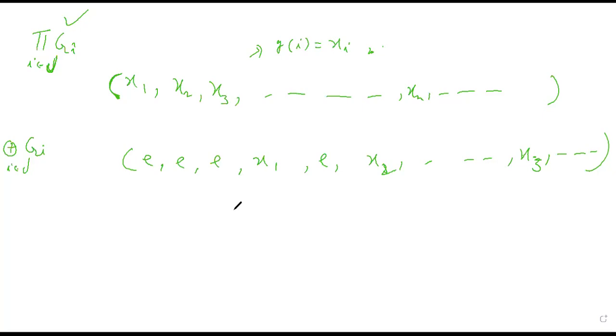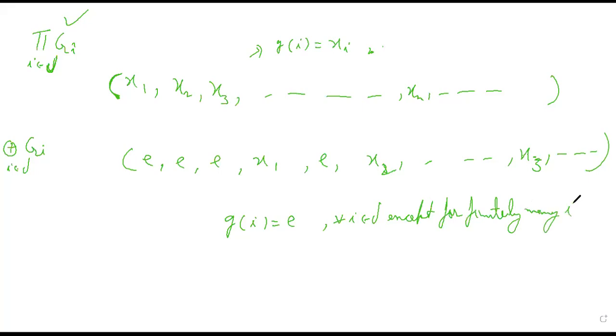So you can see that elements of this are also elements of this. The only difference is that all the elements of this are of this kind: g(i) equals identity for every i belonging to J except for finitely many i's.